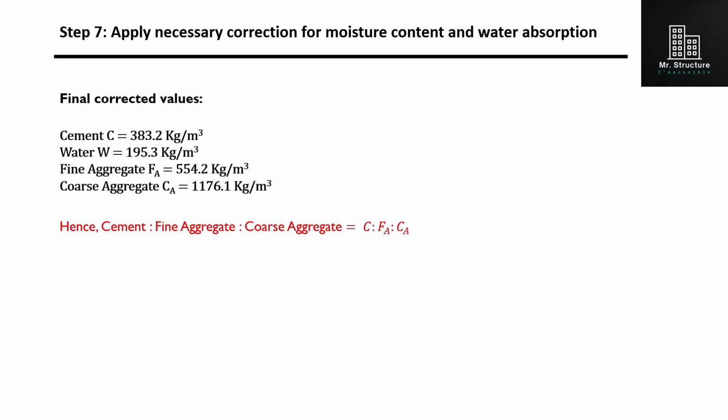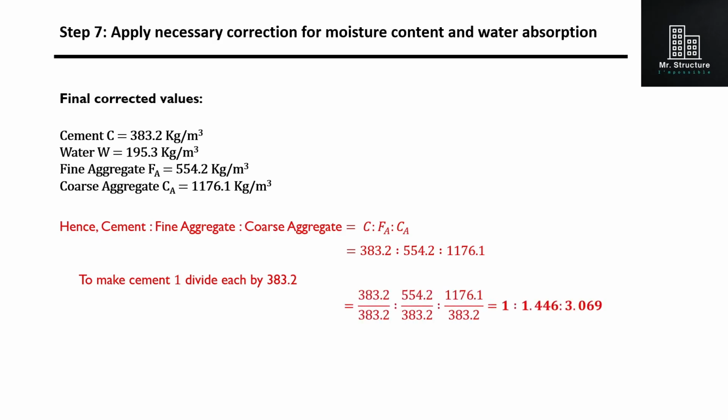Hence, the ratio of cement to fine aggregate to coarse aggregate becomes 383.2 to 554.2 to 1176.1. Let's make cement 1 by dividing each of these values by 383.2. Therefore, the corrected proportion obtained is 1 to 1.446 to 3.069, which is the required design mix.